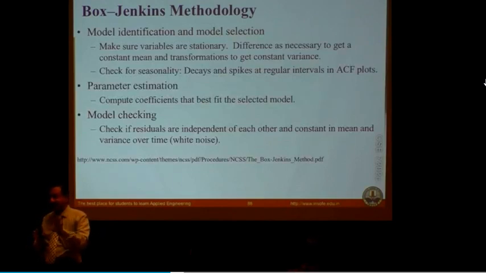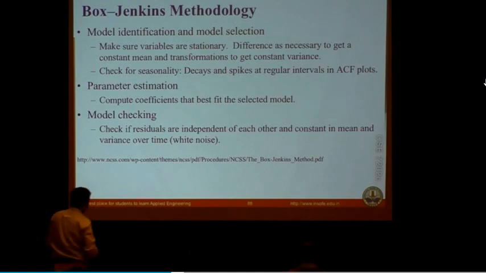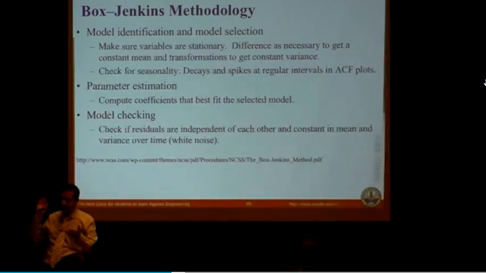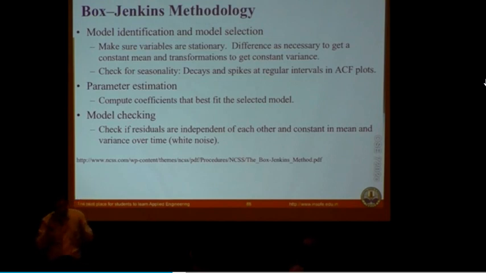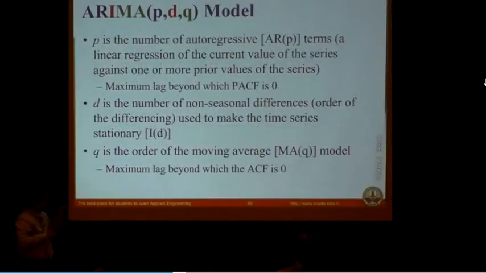Are the residuals random or not? They should be random. All the trend and seasonality should have been accounted for by the models. And that you do by looking at ACF, PACF to see if it's random. I will also show you one statistical test just for you to know that you can run statistical tests for that, but that's for your information. If you don't want to do it, you don't have to. Visual inspection is good enough for ACF, PACF. Okay? So that's what the Box-Jenkins does.